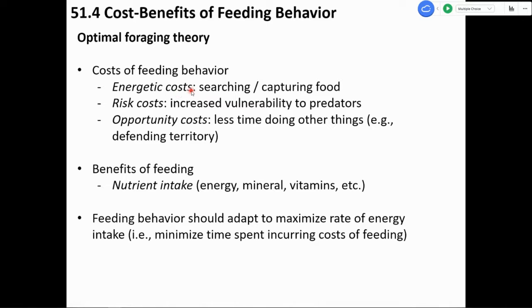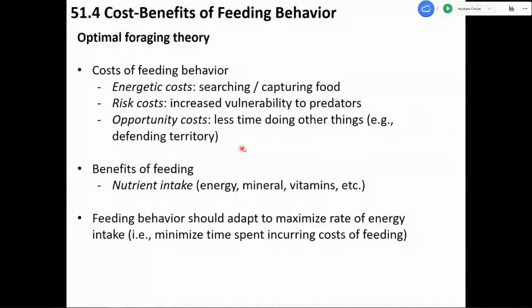There are energetic costs in going and searching for food and capturing and processing that food. There are also risks of foraging: increased vulnerability to predators. Instead of being in a shelter, for example, you might have to be out looking for food and concentrating on finding food, and make yourself more vulnerable to predators.